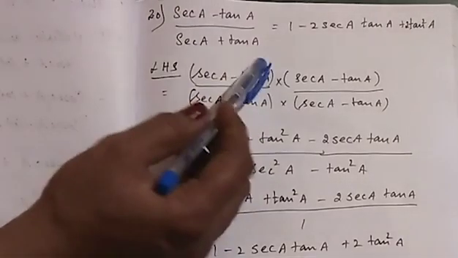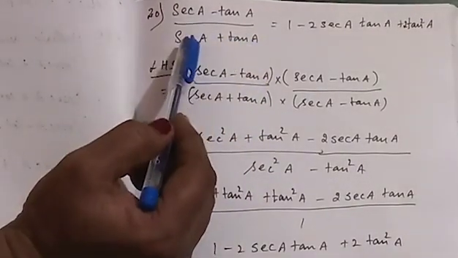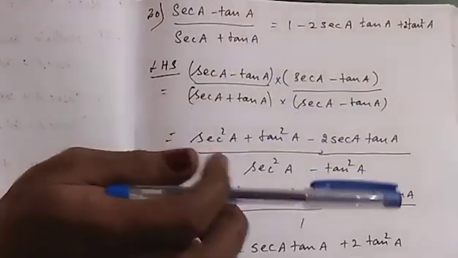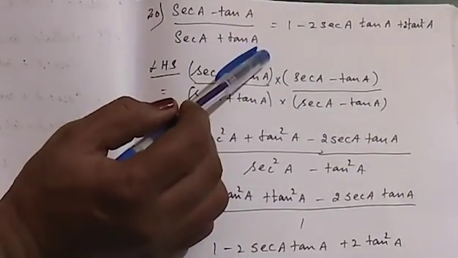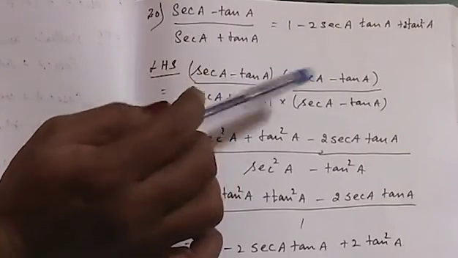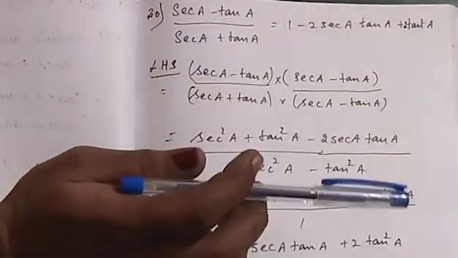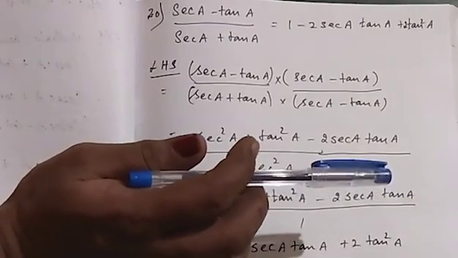Okay. So, here secant A plus tan A. If I multiply and divide by A plus B, so multiply and divide by A minus B, secant A minus tan A. Okay.